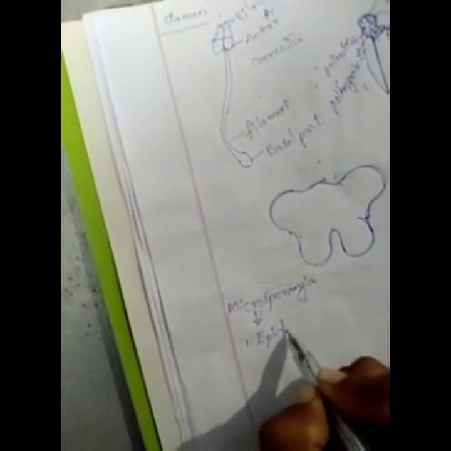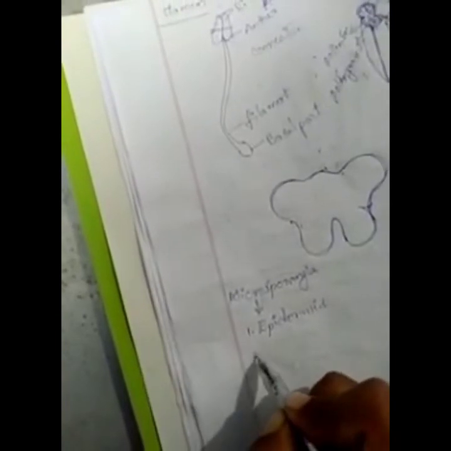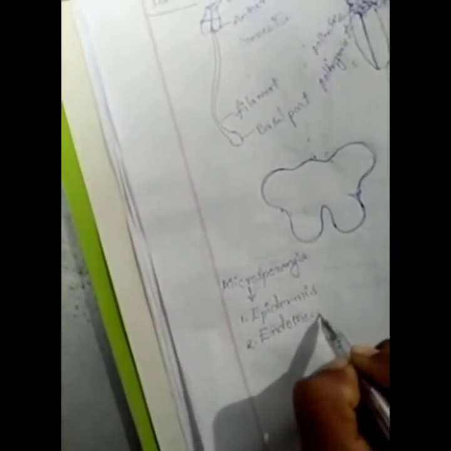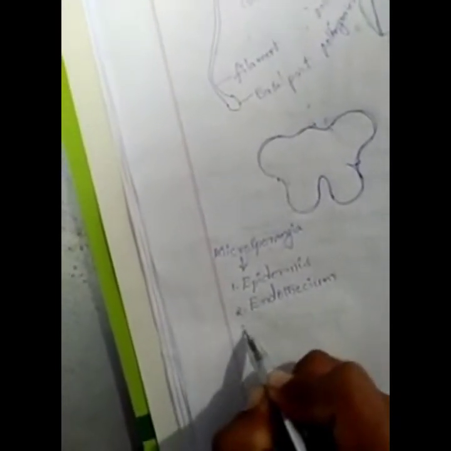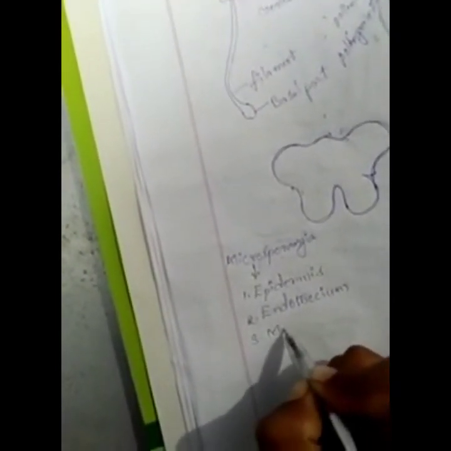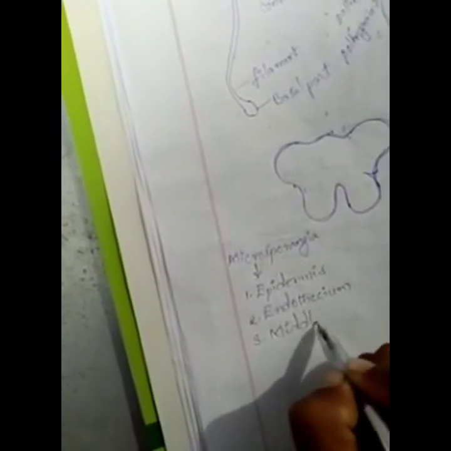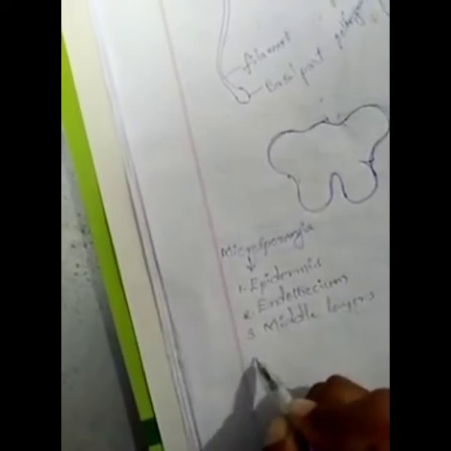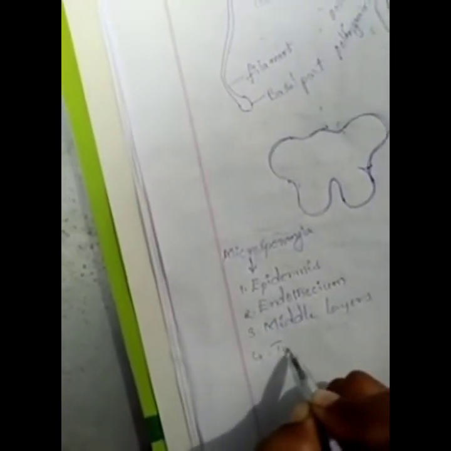the outermost layer we call the epidermis, and the endothecium, and the third one is the middle layers, and the fourth one is the tapetum.